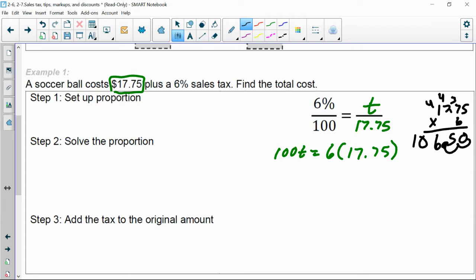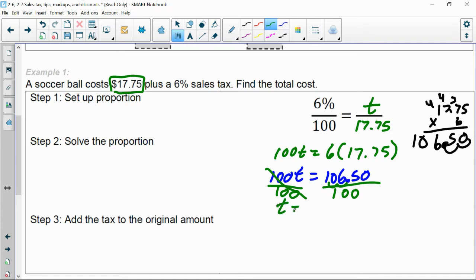Okay, so now we can go back to this, that 100T equals 106.50. So remember, it's the opposite of multiplying by 100, dividing by 100. And when you divide by 100, it makes it kind of nice because all we're doing is moving our decimals over.